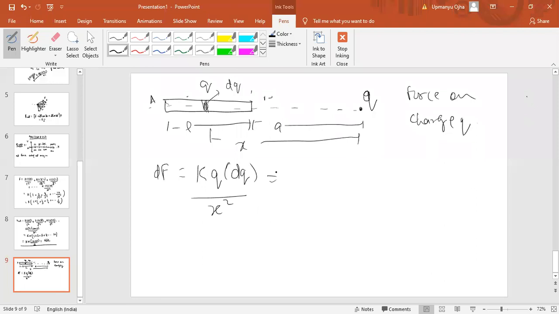Now if I have to find the total force, we need to integrate this. So the integration of dF would be equal to the integration of k Q dq by x square. Now we know that on this rod of length L, the charge is Q. So for unit length, it would be Q by L.